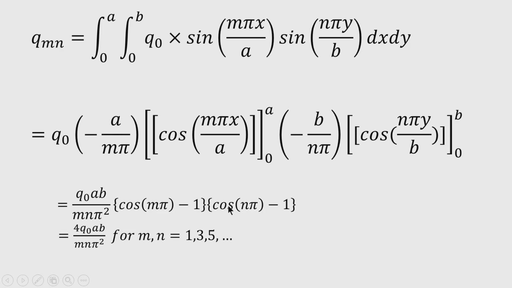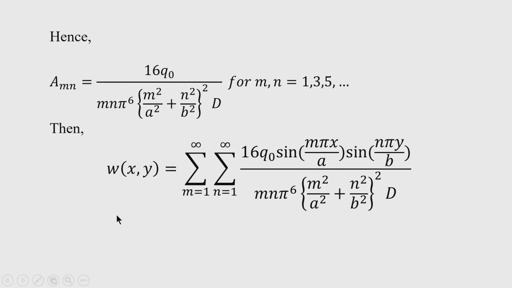So, ultimately the result is 4 q naught a b by m n pi square, where m and n are integers. These m and n are only odd integers, so that the integral value is non-zero. Otherwise, for even values of integers, that is m and n are even integers, the integral will be 0. So, our Q m n is now 4 q naught a b divided by m n pi square.